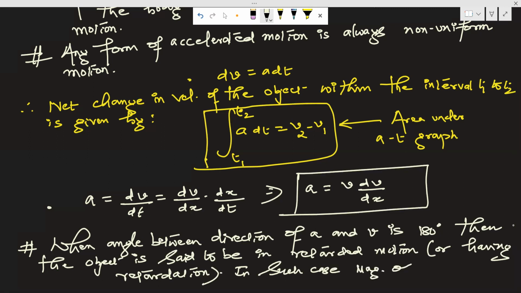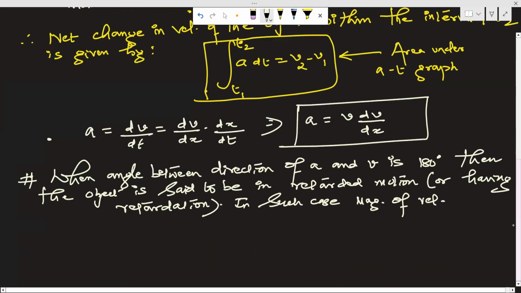In such case, magnitude of velocity, or what is called speed, right?